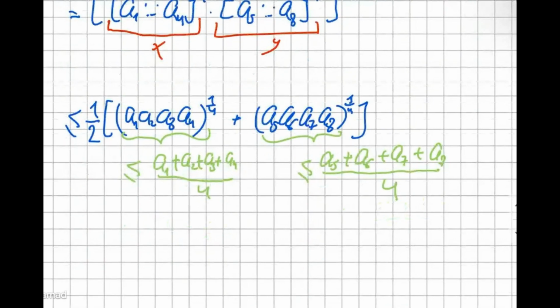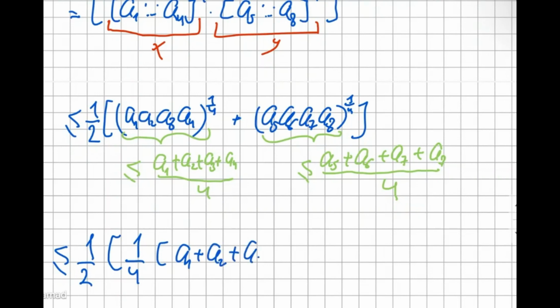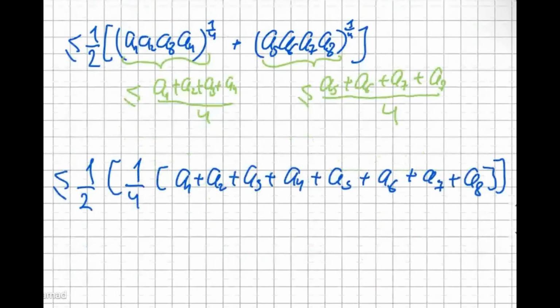Okay, so we have 1 over 2 times 1 over 4 bracket a1 plus a2 plus a3 plus a4 plus a5 plus a6, well, I didn't have to write this out actually, but whatever. So this is just 1/8 times the summation, let's just write it out as a summation from 1 to 8 of these ai's.